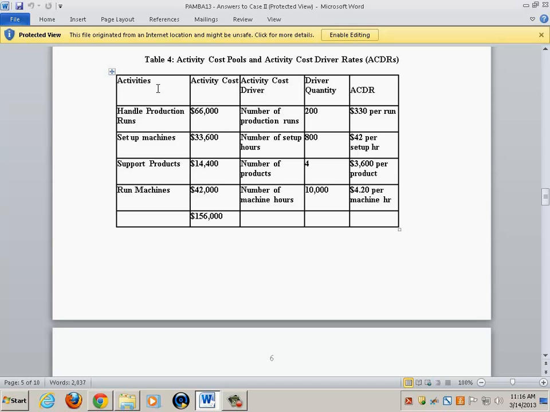But up hours, which is 800, and that gets you $42 of setup machine costs per setup hour. Support products, therefore, products the machine doesn't.